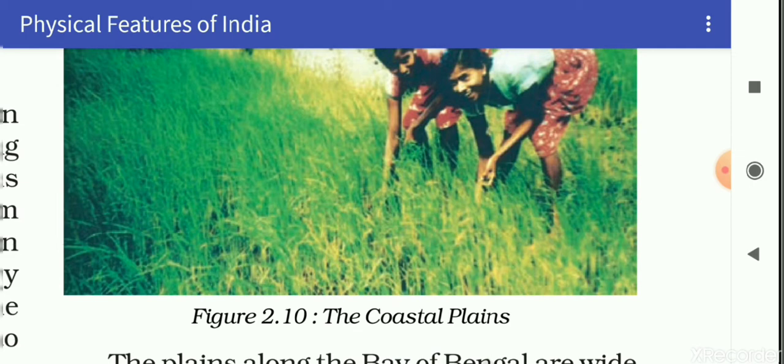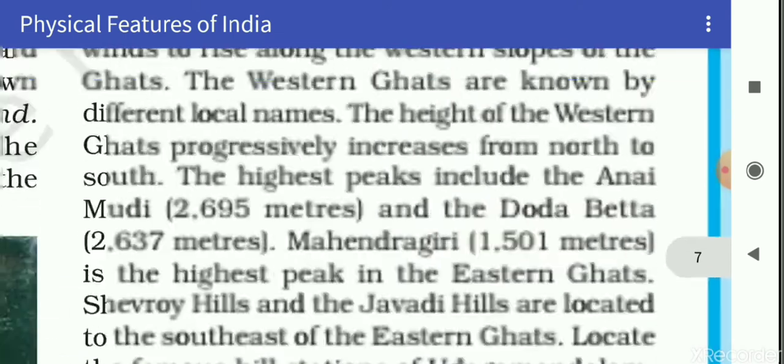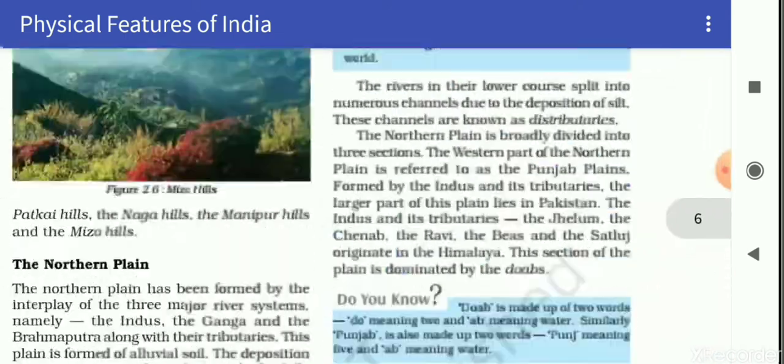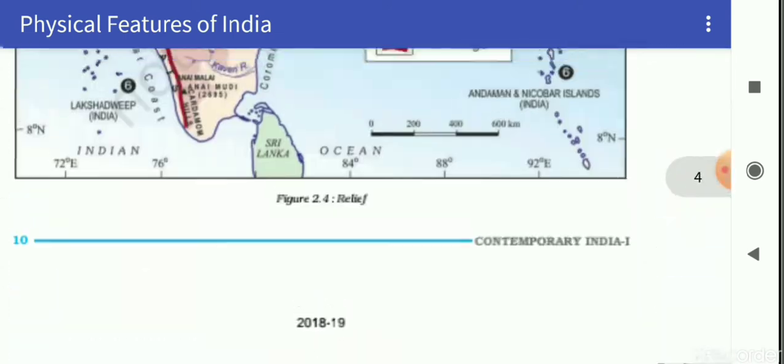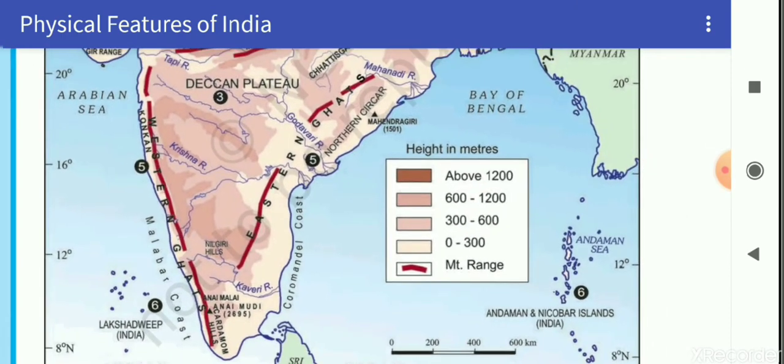So once again move towards the map for better understanding. Here it is. Here you can see this is the western Ghat and this is eastern Ghat.